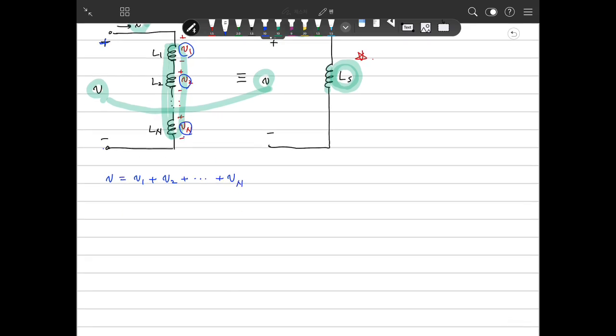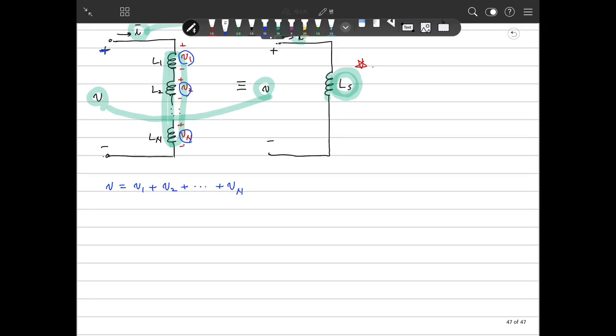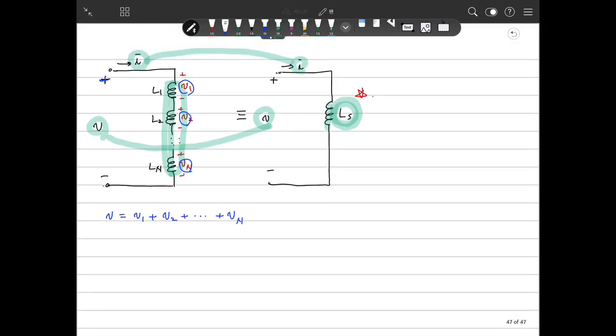Then we use the characteristic of voltage and current. Because the inductors are connected in series, the currents I1, I2, and In are all the same as I. The current I is common in all inductors.